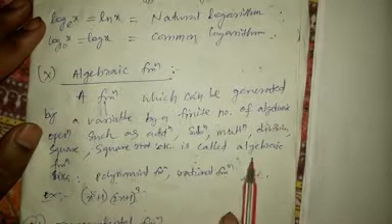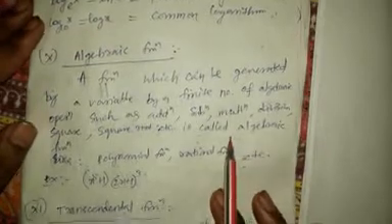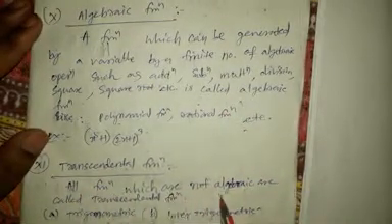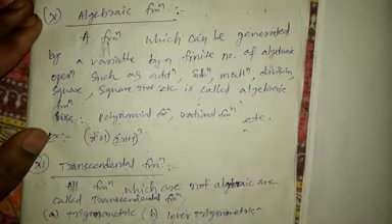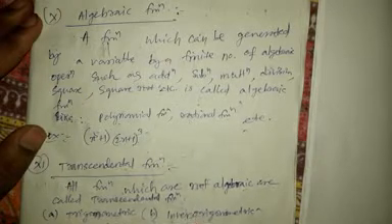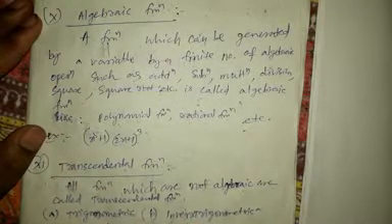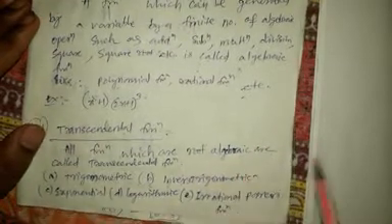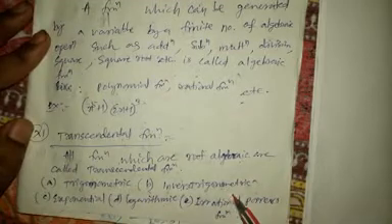This is one example of algebraic function. Now transcendental function. All functions which are not algebraic are called transcendental functions. Means trigonometry function, inverse trigonometry function, exponential function, logarithmic function, irrational power function. These are all transcendental functions.